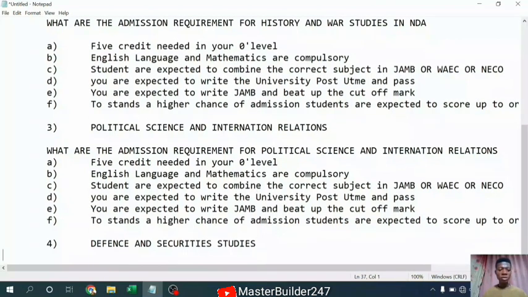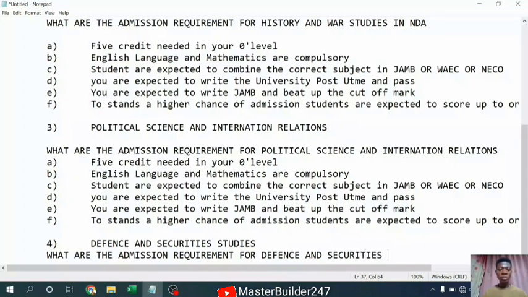Okay. So now what are the admission requirements for defense and security studies in NDA?